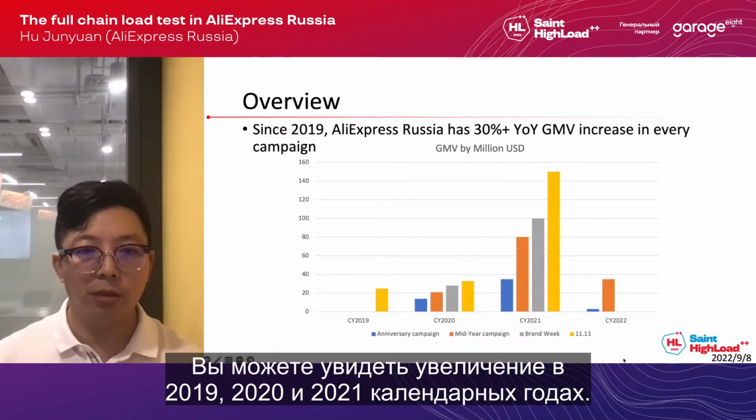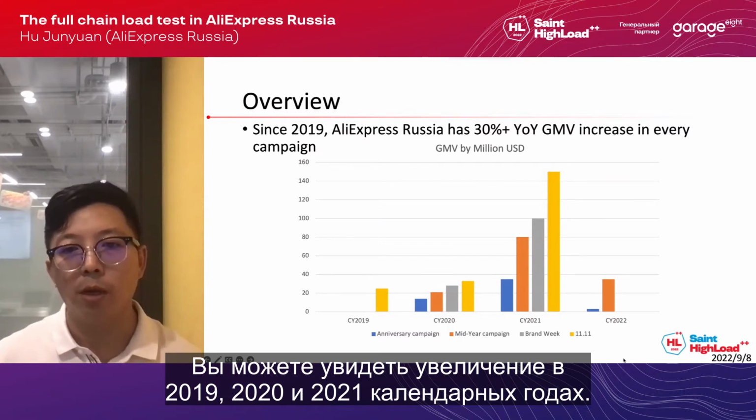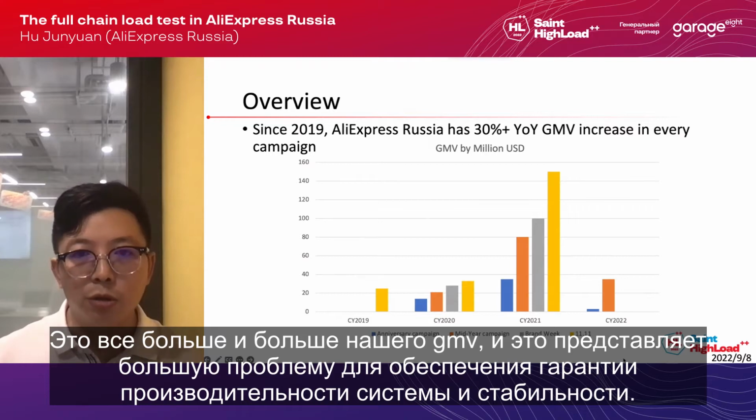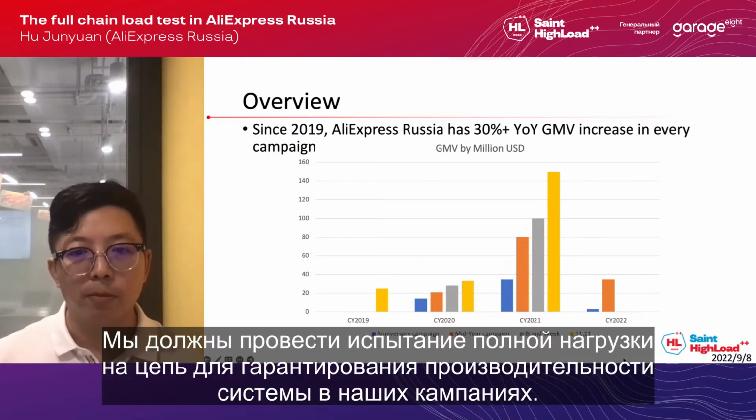You can see in calendar years 2019, 2020, and 2021, our GMV increases more and more, and it brings us a big challenge for our system capacity guarantee and stability guarantee. So we use the full chain load test for our system capacity guarantees in our campaigns.